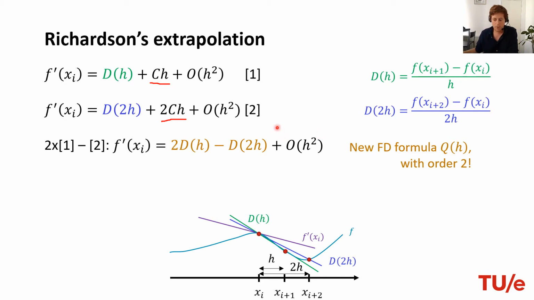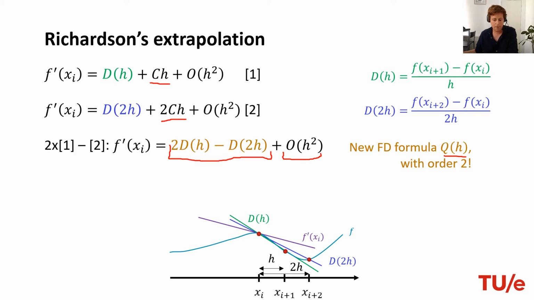So you see now that if we consider this new formula, this is a new finite difference formula, and we can call it Q h with order 2, because this error term is proportional to h squared, so it is of order 2.